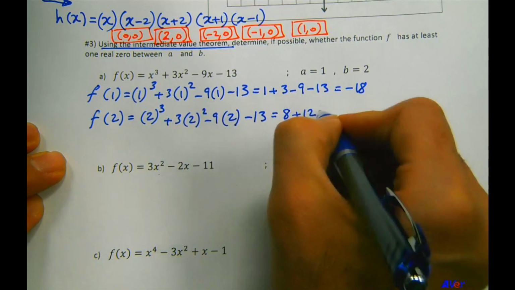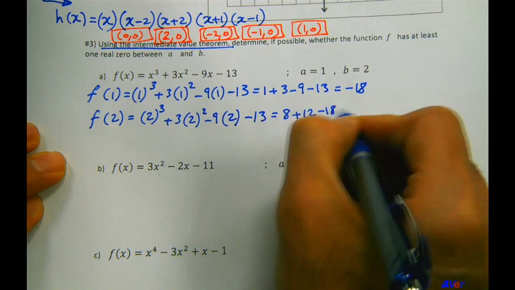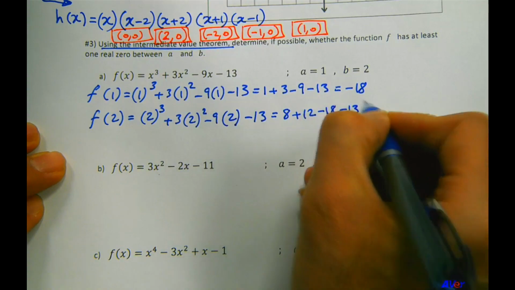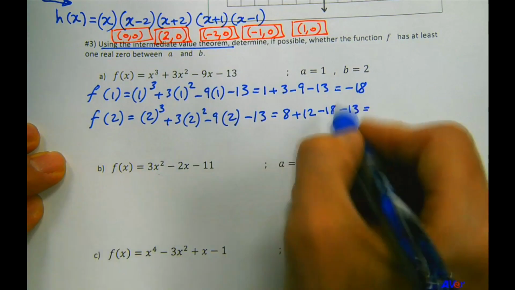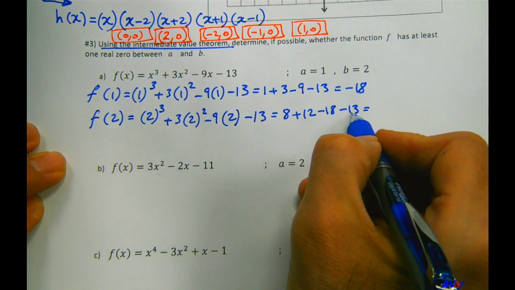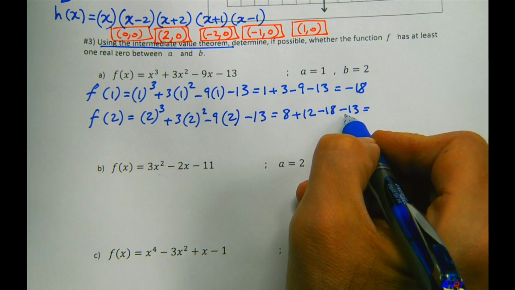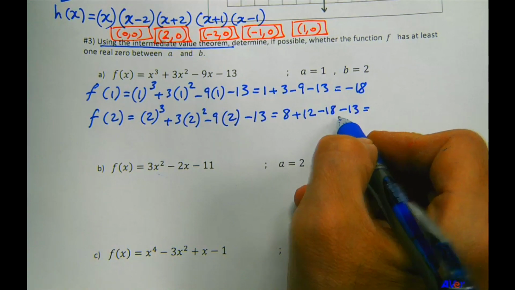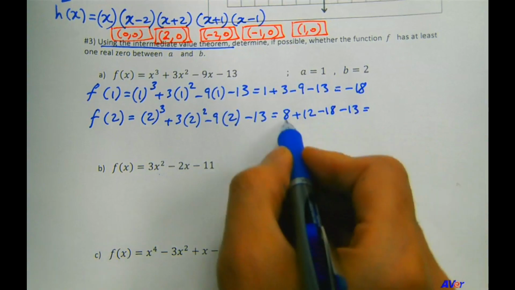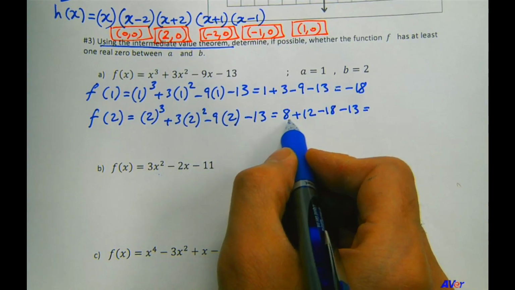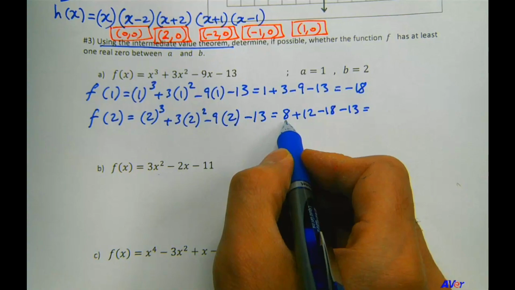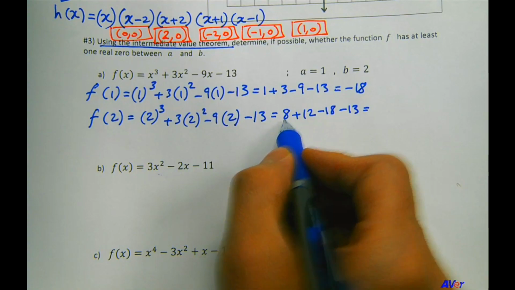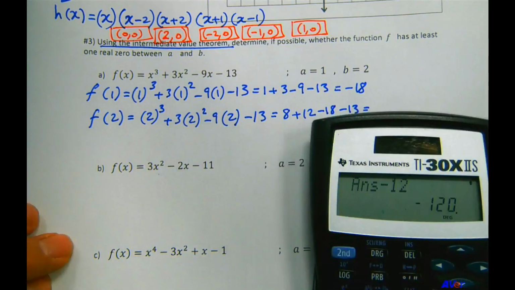Minus 9 times 2 is minus 18. Minus 13. Right? So minus 18 plus minus 13, that's minus 31. Minus 31 plus 8, it's minus 23, right? Let's keep track of this better.